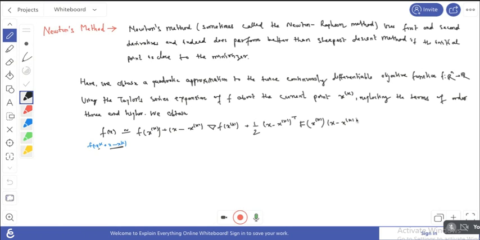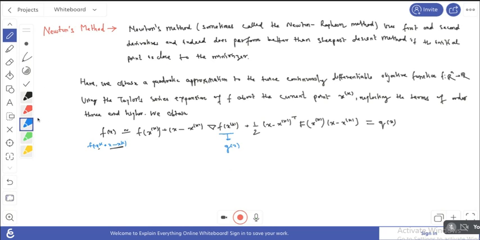The third order we neglect. So this is approximately equal to this function, which we write as q(x). And the gradient of f we define as g(x).